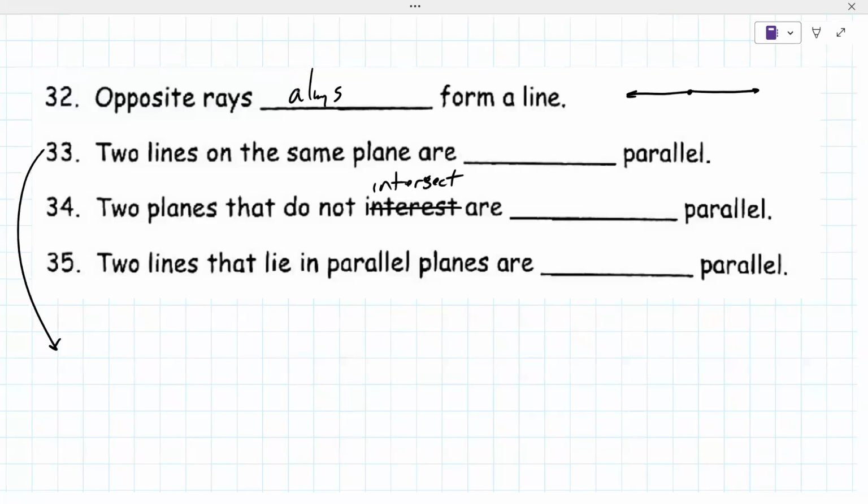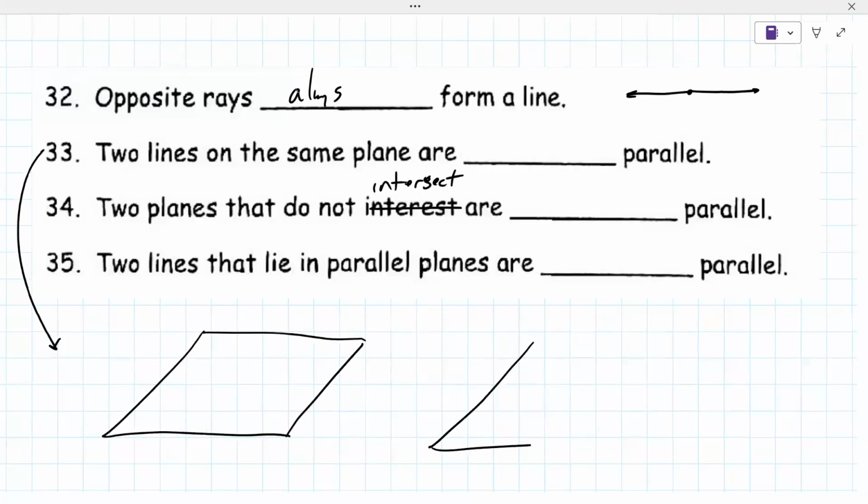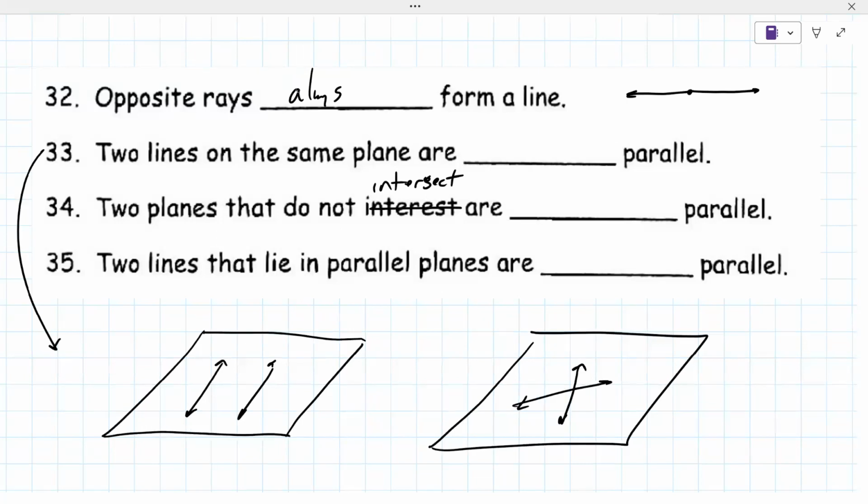All right, so for 33, what are the two possibilities if it's sometimes? Like what's possible for two of the lines? We know that they could be parallel, but what's the other one? Perpendicular. Or intersecting more generally. Good. Okay. All right. 34.